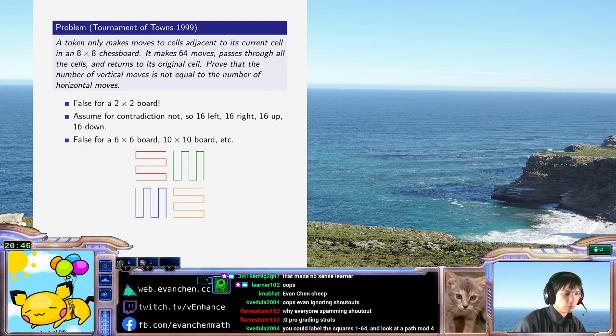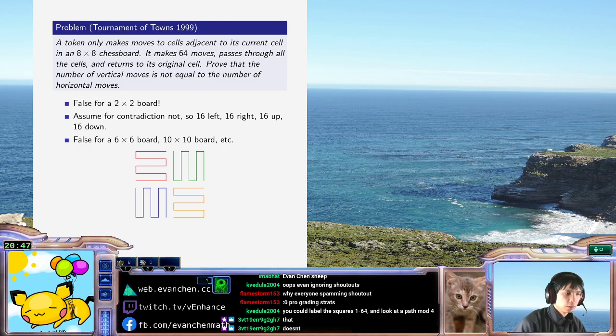Look at a path mod something. If I'm going to label the squares, I'm going to label them by ordered pairs and not by the numbers.